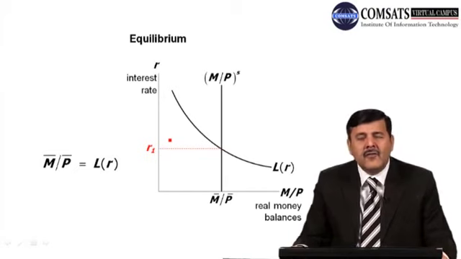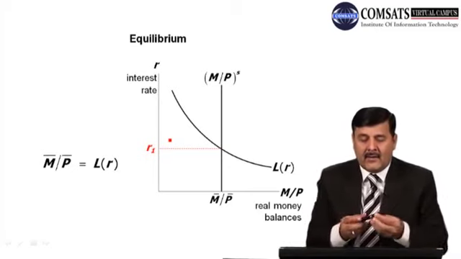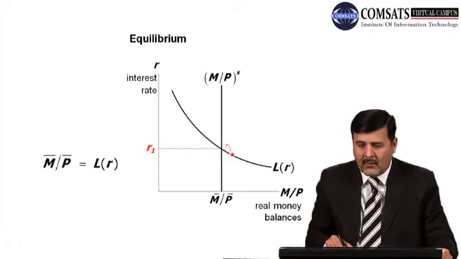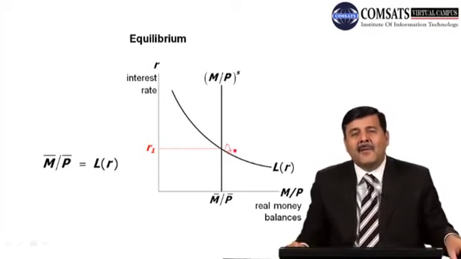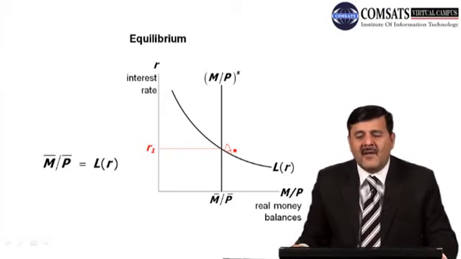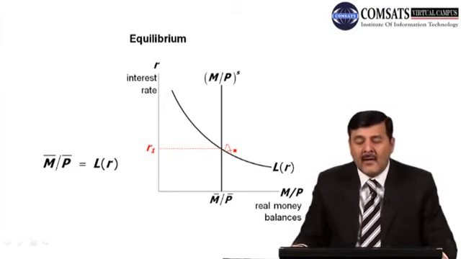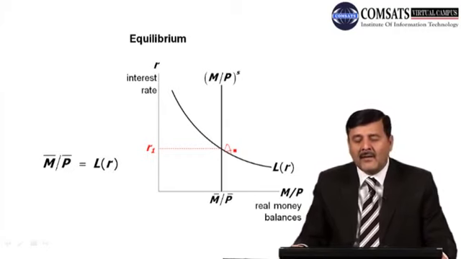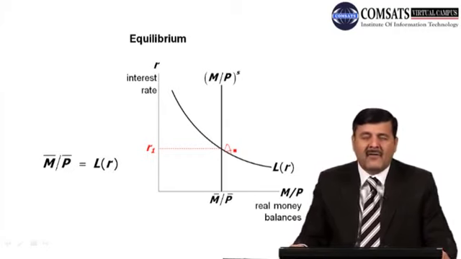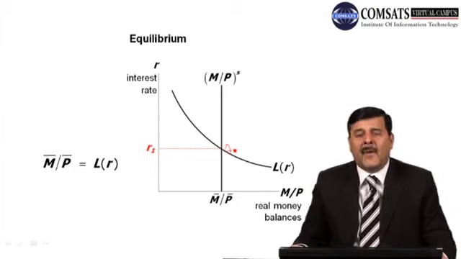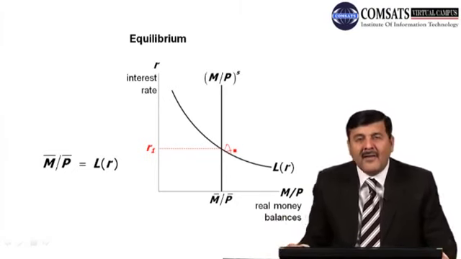Both of these two curves are intersecting each other at some point. Suppose this is the point A. Now money supply is intersecting demand for money at point A, where the rate of interest is R1, and money supply and money demand is M bar over P bar, or you can say M1 over P1, right? So this is the equilibrium in the money market. Now why do we call this equilibrium?